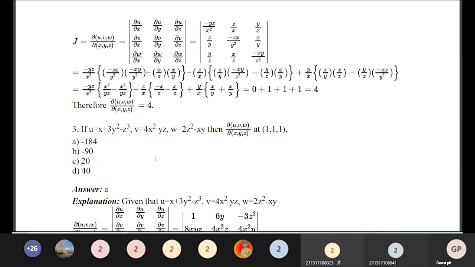Fourier series, Fourier transform, Z transform, then partial differential equations, application of partial differential equations. In terms of mathematics, that's enough. You have to revise.